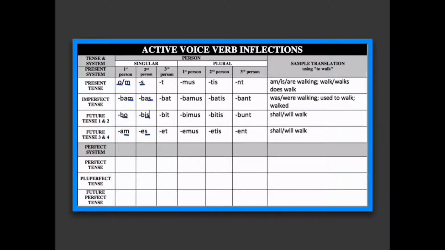Instead, you will use the noun. Notice that every ending in the third person singular column ends with the letter T. This is how you will always know that the subject of the sentence is he, she, or it, or the nominative singular noun in the sentence. It is extremely important that you commit this fact to memory. T is the subject he, she, or it, or a nominative case noun is the subject when T is the ending.